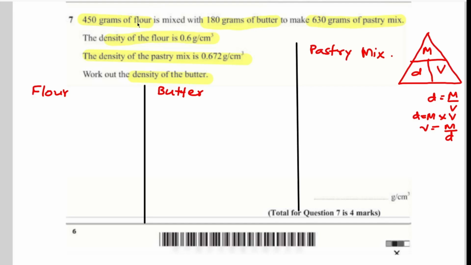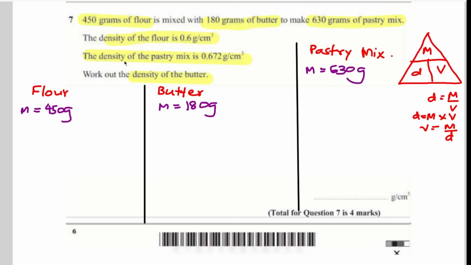Okay, now let's label what we've been given here. The mass of the flour is 450 grams, mixed with 180 grams of butter, making 630 grams. And what else?